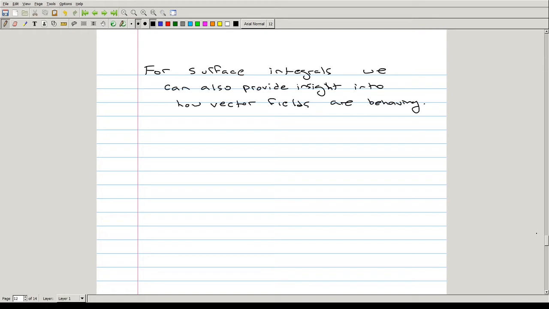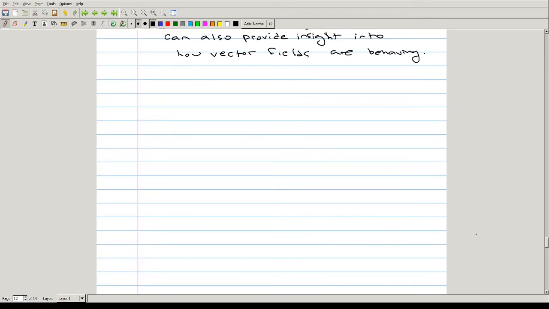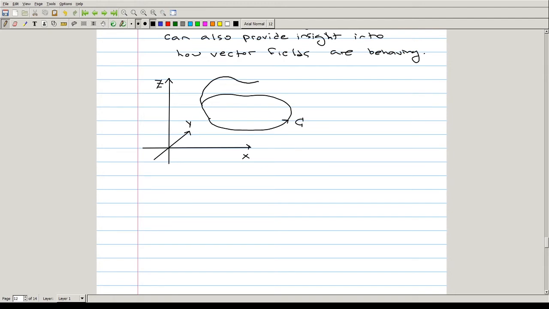Specifically, if we consider our general surface, so we have our boundary curve and we have some surface S. We can go through and give a meaning to exactly what the vector field is doing along the surface.